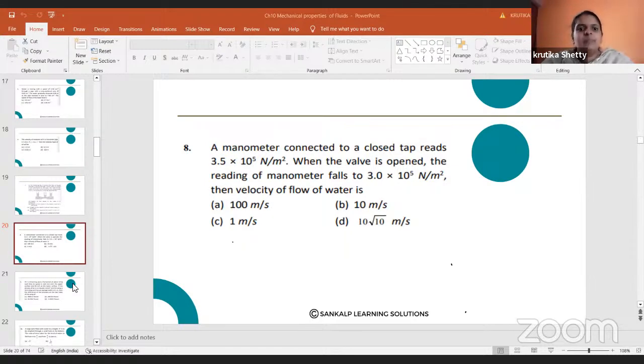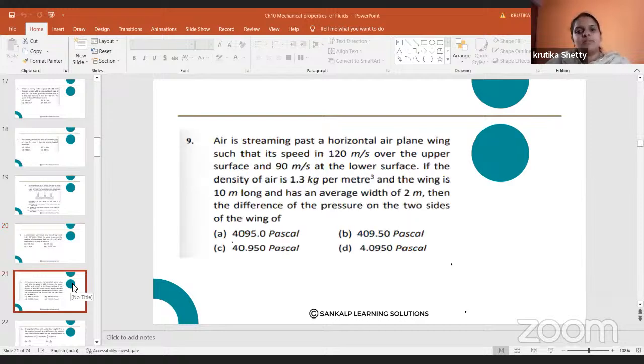Last question. Air is streaming past a horizontal airplane wing such that its speed is 120 meter per second over the upper surface and 90 meter per second at the lower surface. So on the upper side, what is the speed? 120. On the lower side, that is 90 meter per second for that air wing.